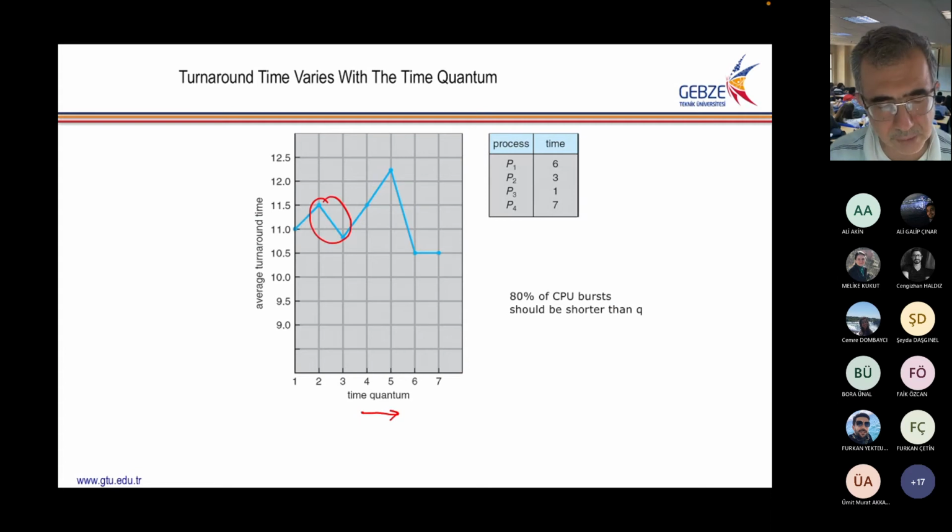Sometimes it can go down, depending on how it fits into the time quantums. Average turnaround time may change. It is not directly related to the size of the time quantum. It can go up and down, but generally it goes up when you increase the quantum.